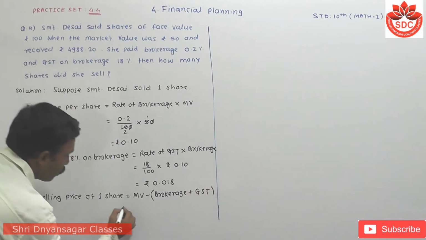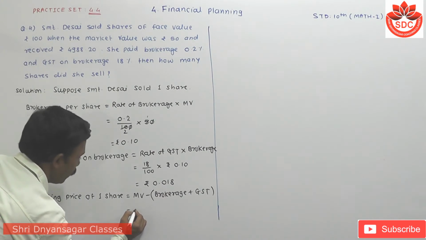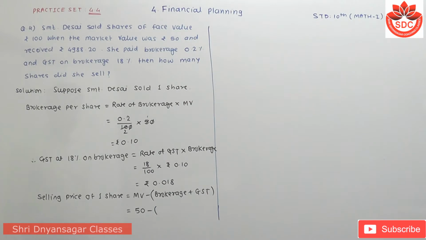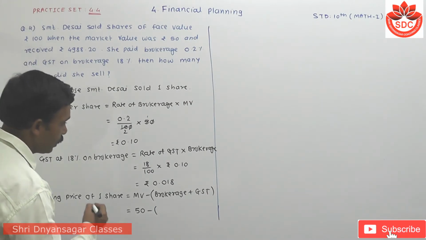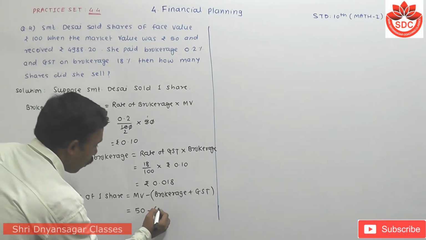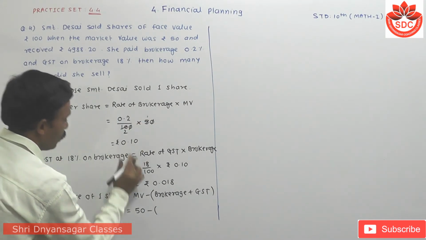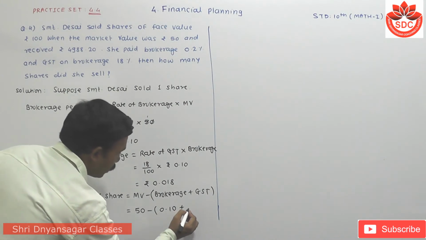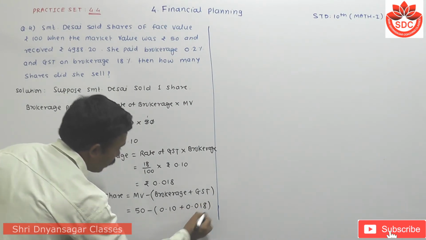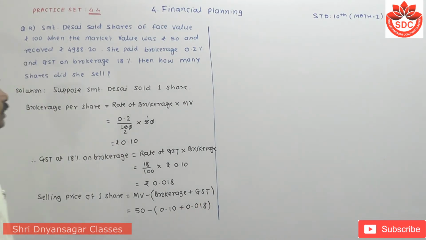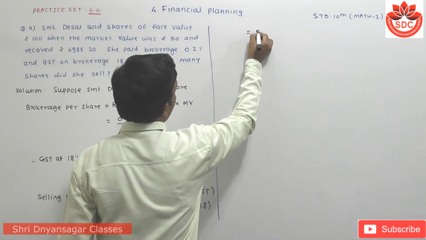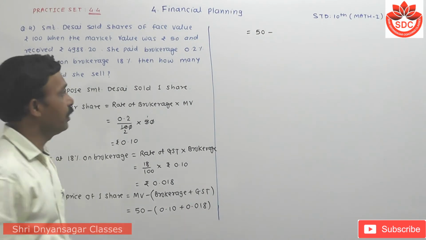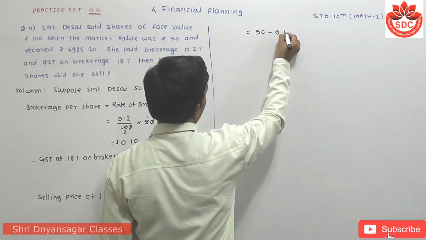Here the market value is rupees 50, minus brokerage plus GST. Brokerage is 0.10 plus GST is 0.018, so this addition becomes 0.118.